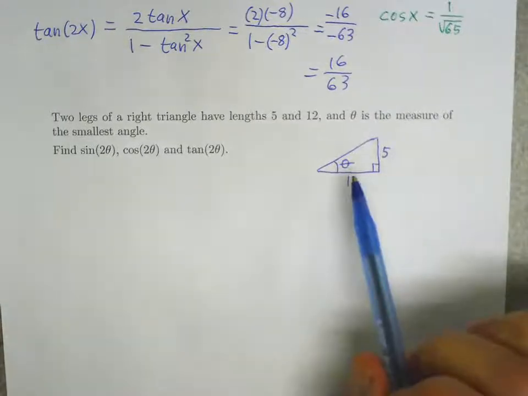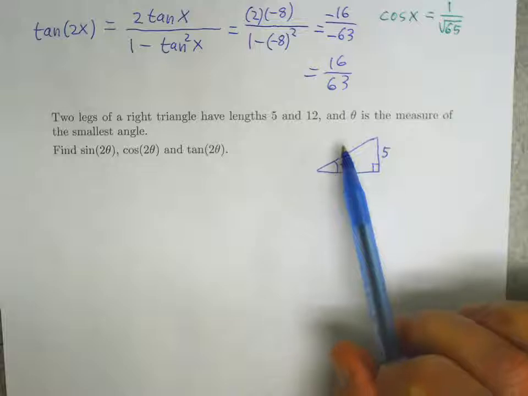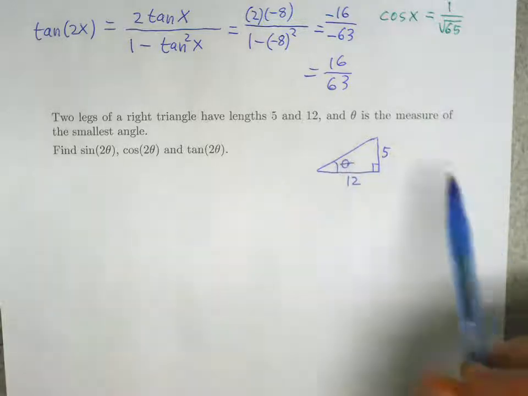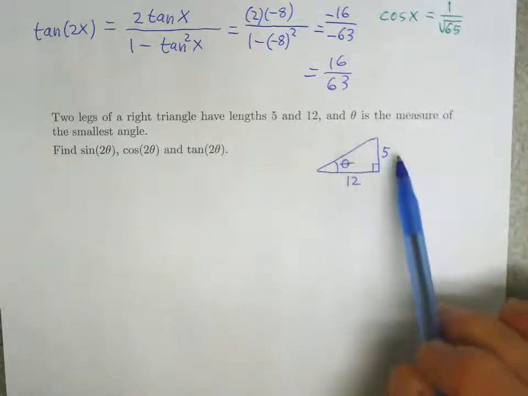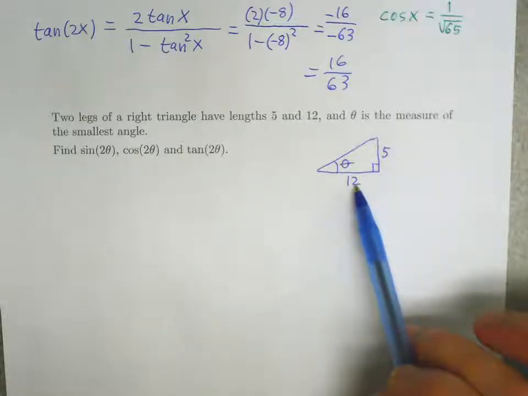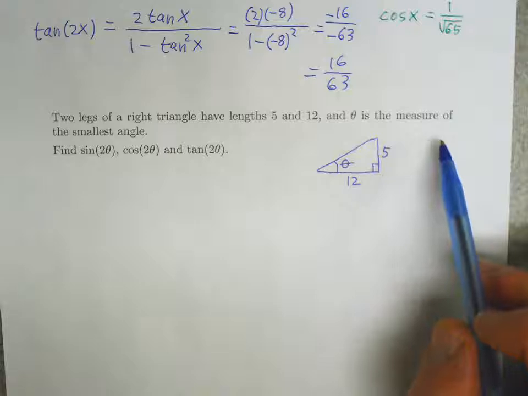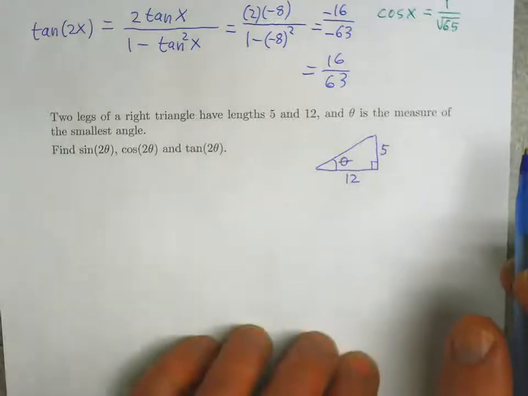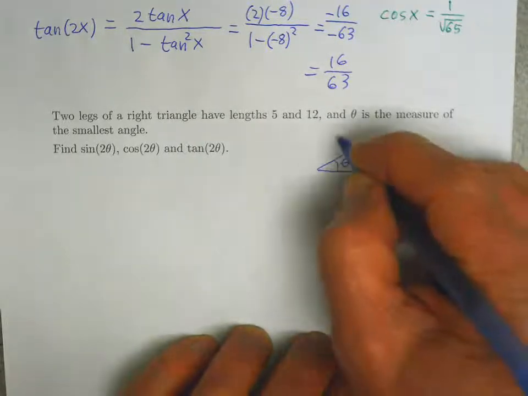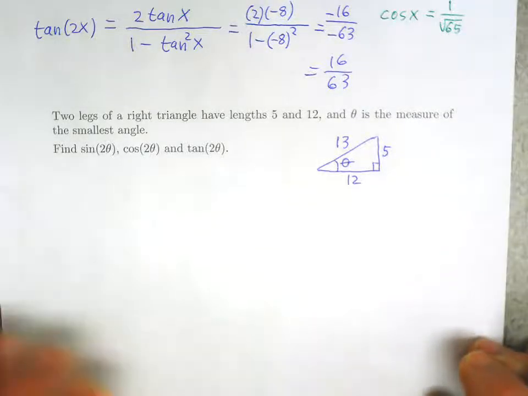And if you apply the Pythagorean theorem, we can find the hypotenuse. So the hypotenuse squared is equal to 5 squared plus 12 squared, or 25 plus 144, which is 169. And the square root of 169 is 13, so the hypotenuse is 13.